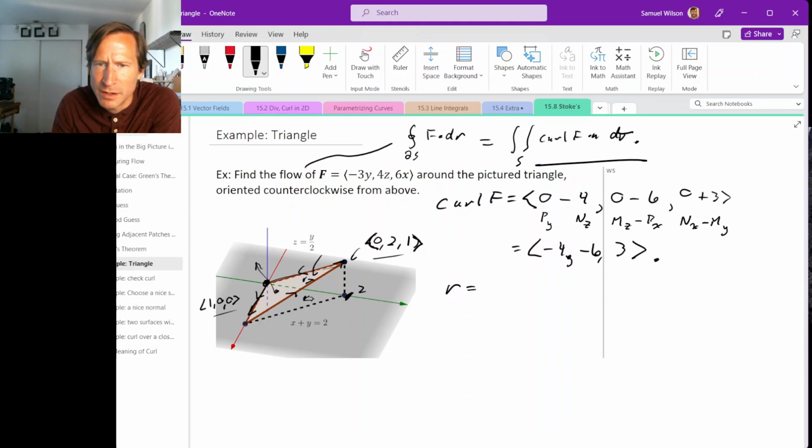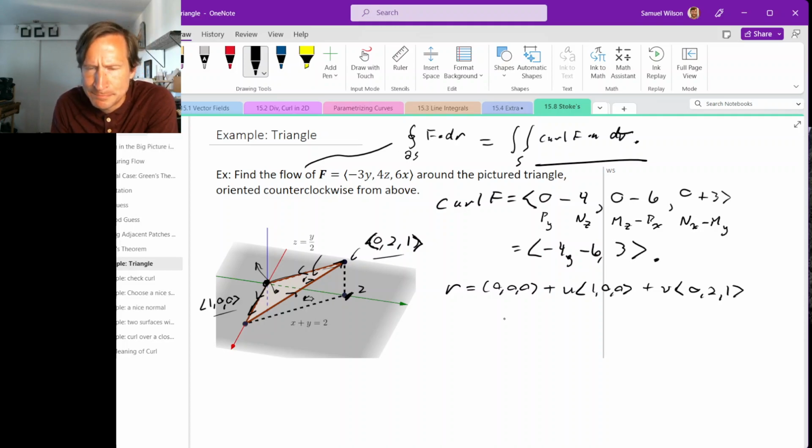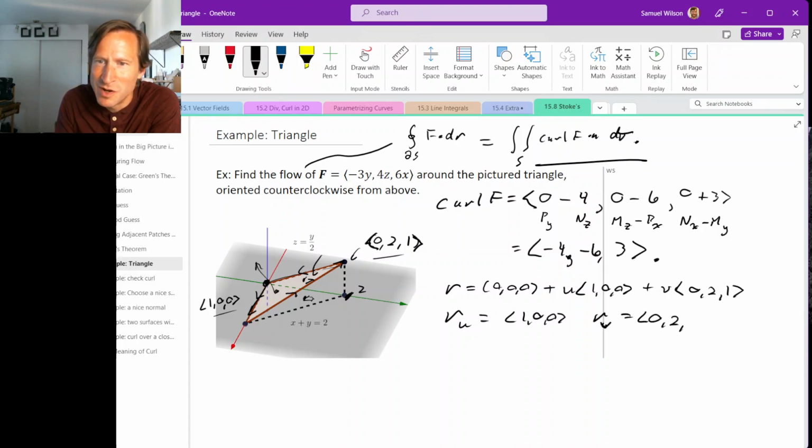So any combination of these two vectors starting at the origin will put us on this plane. So we can just take the origin plus u times 1, 0, 0 plus v times 0, 2, 1. Then the partial derivative of r with respect to u is just going to be 1, 0, 0, and the partial derivative of r with respect to v is just going to be 0, 2, 1.